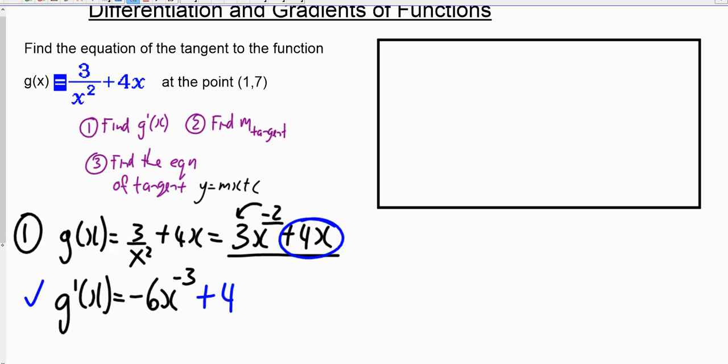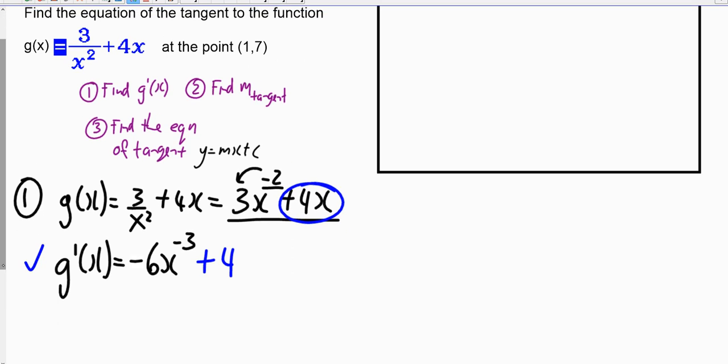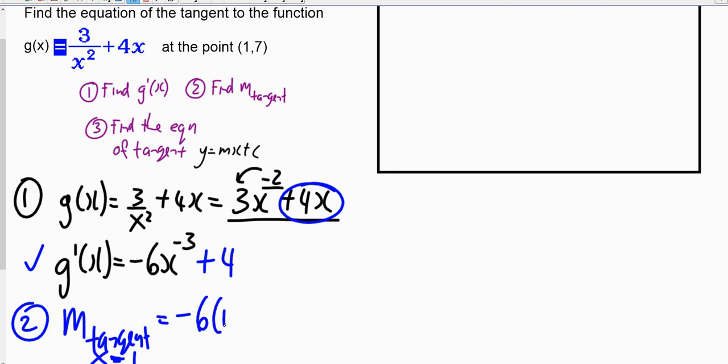Right. The second step we need to look at is to find the gradient of the tangent when x equals 1. And so to find the gradient of the tangent at x equals 1, I just simply substitute into my derivative function. So just minus 6 times by 1 to the power of minus 3 plus 4.